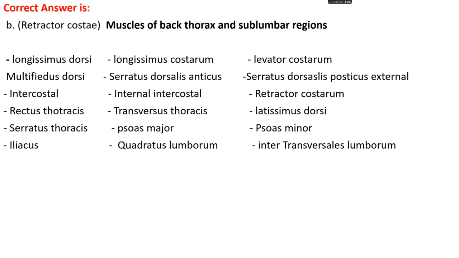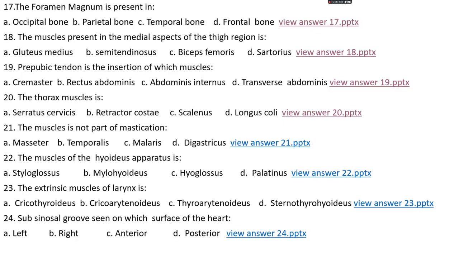Muscles of the back, thorax, and sublumbar regions are longissimus dorsi, multifidus dorsi, intercostals, rectus thoracis, serratus thoracis, iliacus, longissimus costarum, levator costarum, serratus dorsalis anticus, internal intercostals, transversus thoracis, psoas major, psoas minor, quadratus lumborum, intertransversales lumborum, latissimus dorsi, retractor costae, serratus dorsalis posticus, externus, etc.